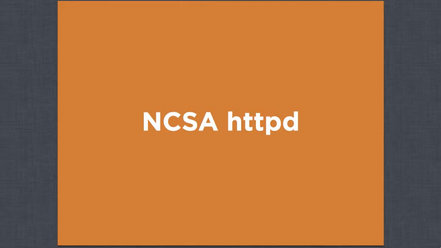At its peak, NCSA HTTPD was the most popular web server on the internet. In fact, about 95% of all websites at the time were hosted by the NCSA HTTPD.